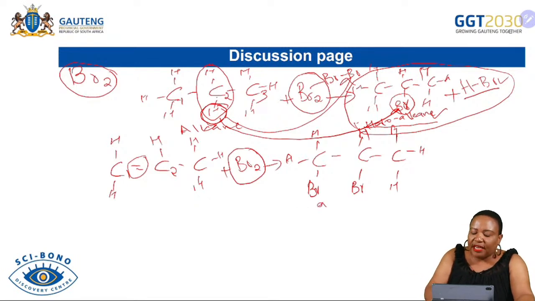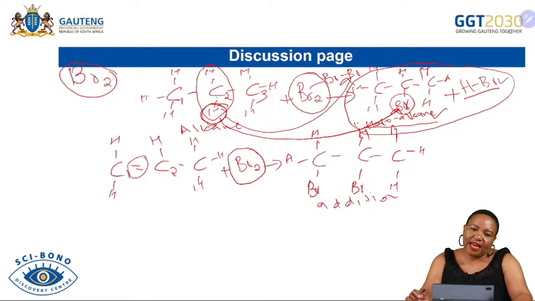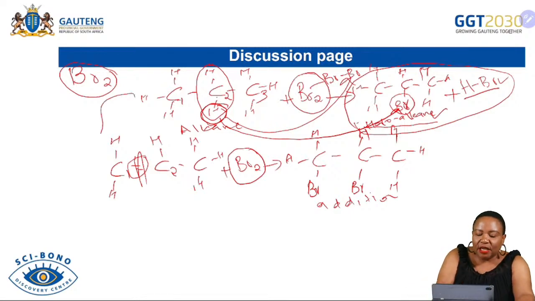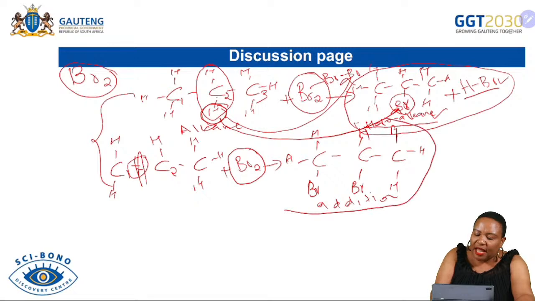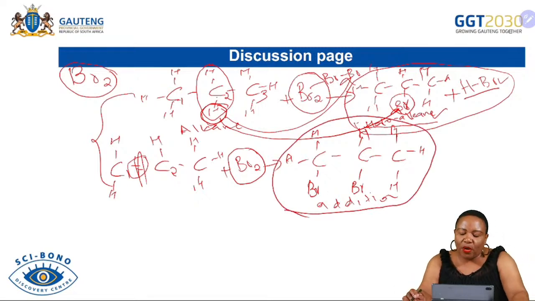However, when we are doing the addition reaction where we are adding bromine water to an alkene, we have seen that both the atoms of bromine are added in that reaction because we have broken the double bond that was between the carbons. So this is what makes the 1,2-dibromopropane, because we now know how to name the structures.